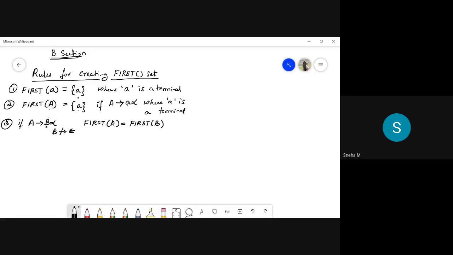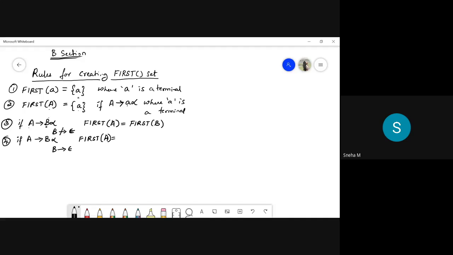All right. Now a little more complicated. If A has the production B alpha and B has an epsilon production, then what is the set? If I'm trying to find from A what are all the terminals I can reach using the leftmost derivation, that is what we are trying to find in the first set.